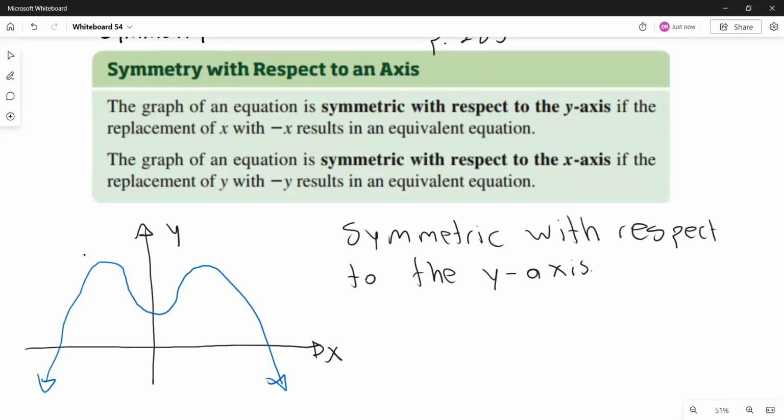Because if you reflect the graph across the y-axis, the graph doesn't change. Or also, if the replacement of x with -x results in an equivalent equation. So if the point (x, y) is on the graph, the point (-x, y) is also on the graph.